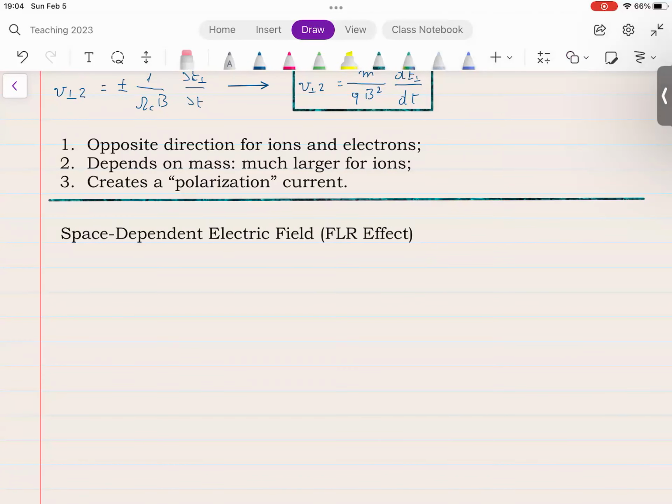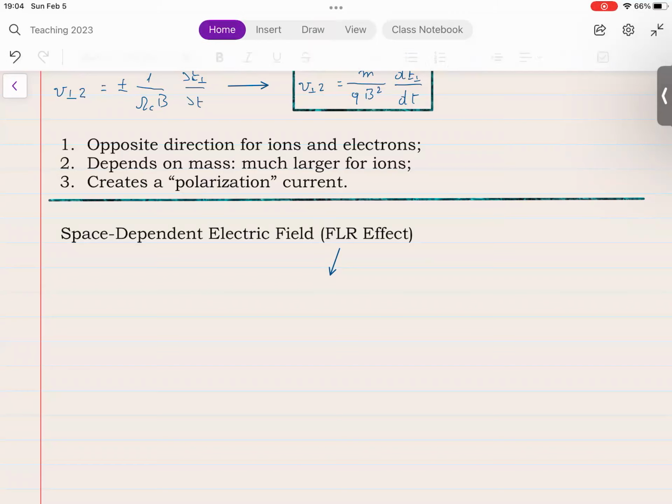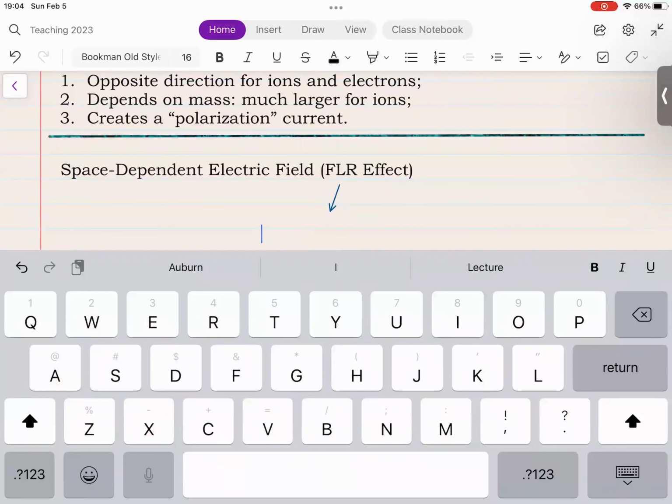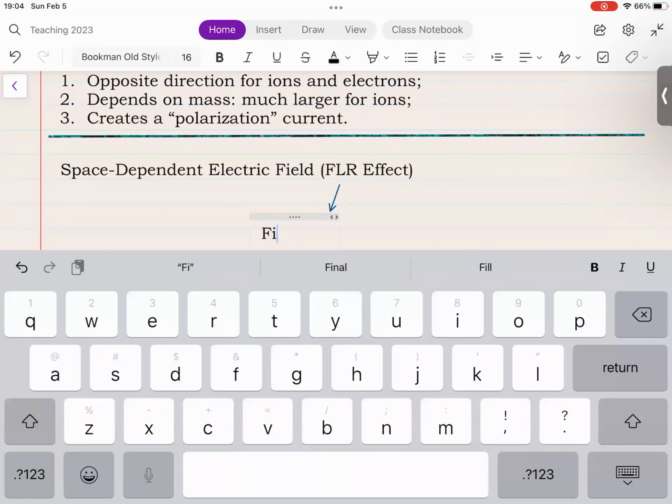This may not be relevant for your specific research, but in general, FLR stands for finite Larmor radius.